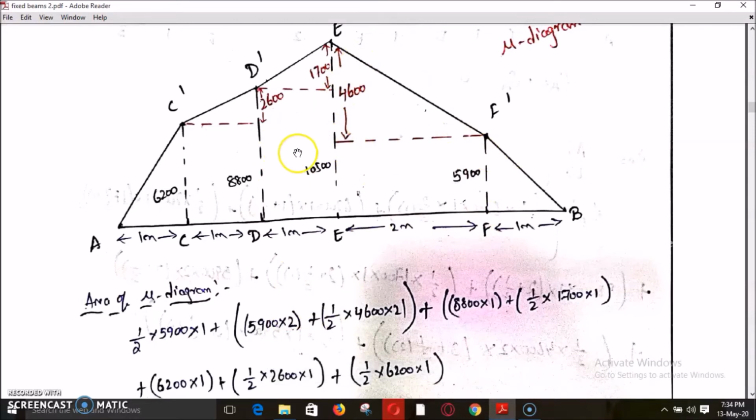Coming to this section, for this rectangle the area will be 8800 into 1, and for this triangle it will be half into 1700 into 1.